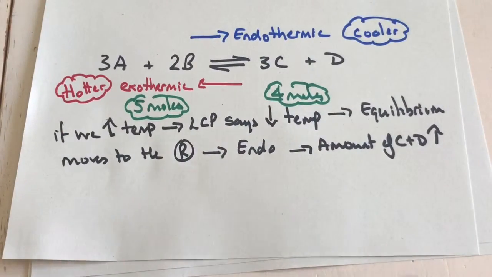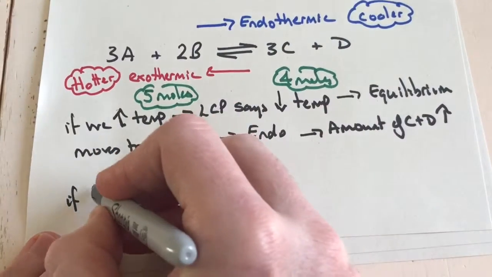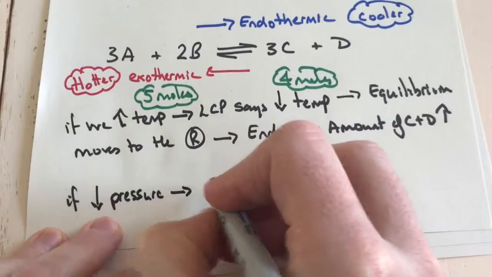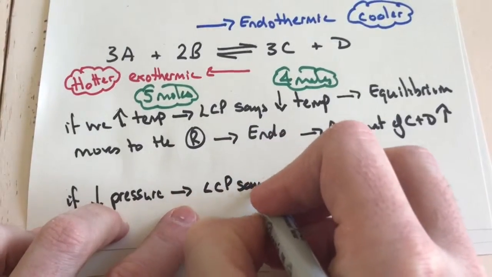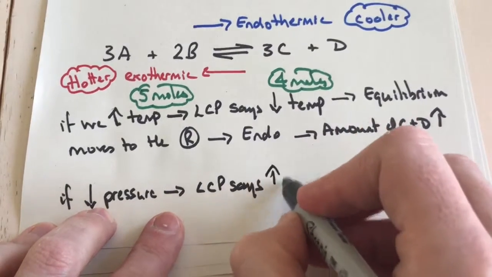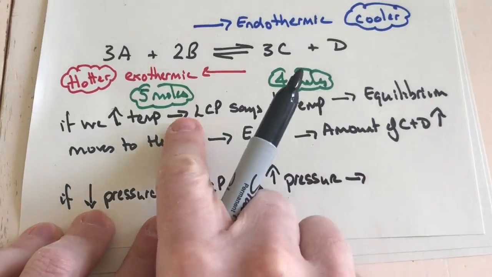Let's say that we are going to decrease the pressure. Then LCP says the reaction will do the exact opposite. So LCP says it's going to try and increase the pressure. To do that, we'll go back to our equation.